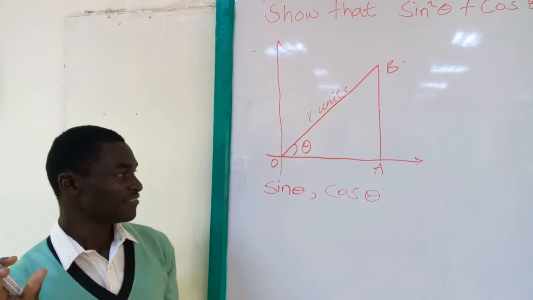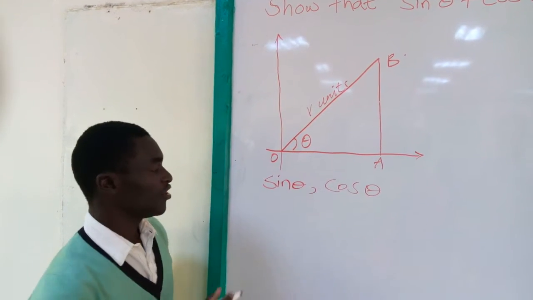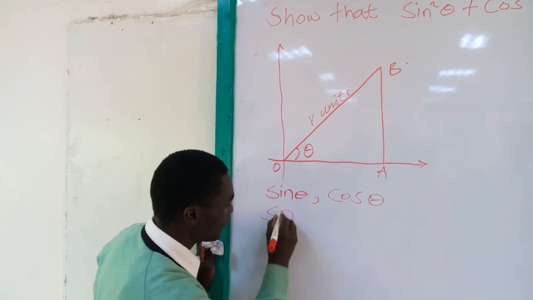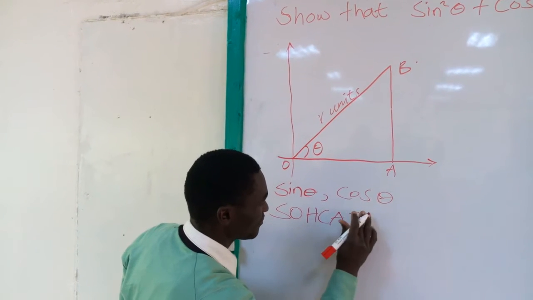To proceed with the sine and the cosine, normally we have a formula that goes this way.